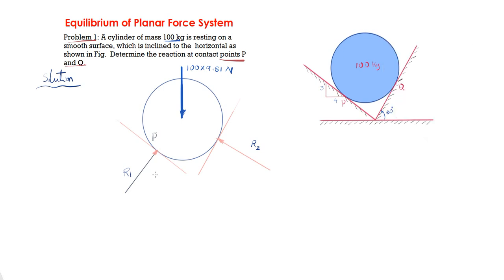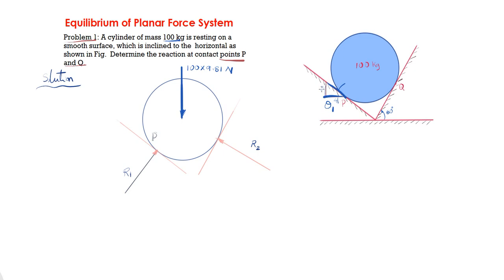Now let us decide what are the angles R1 and R2 make with this vertical force. On the right hand side diagram here, we have the slope triangle, and let's say this angle is some theta or theta 1. Now this theta 1 we can write in this slope triangle.